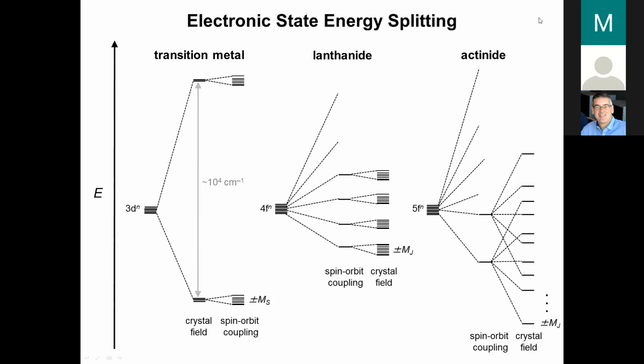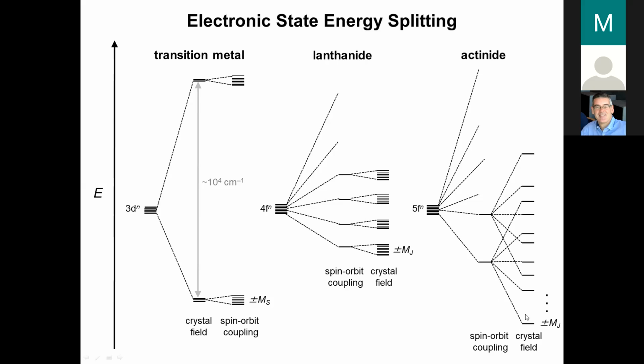In this manner, shown on this plot, you can easily see that due to larger crystal field splitting, different spin orbit coupling separated states also start to overlap in their energy states, creating a very rich electronic structure that can get very complicated very quickly for the different actinide ions.